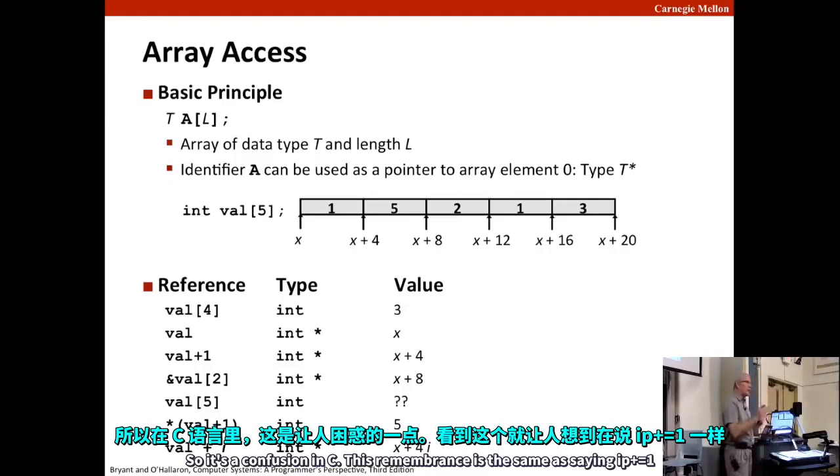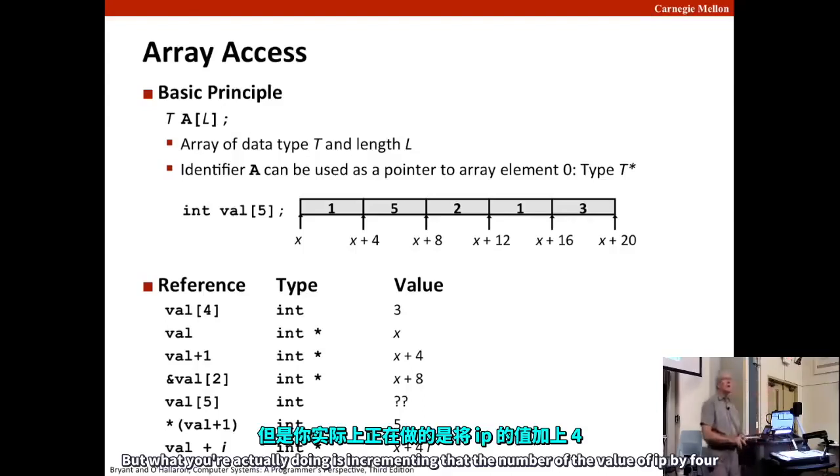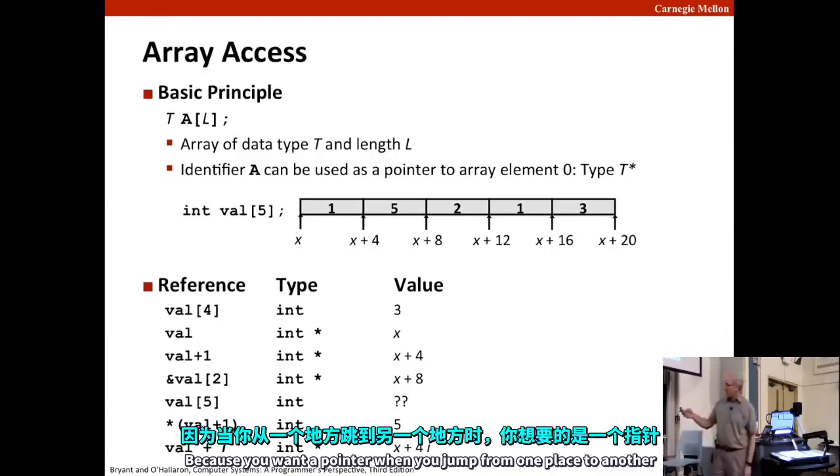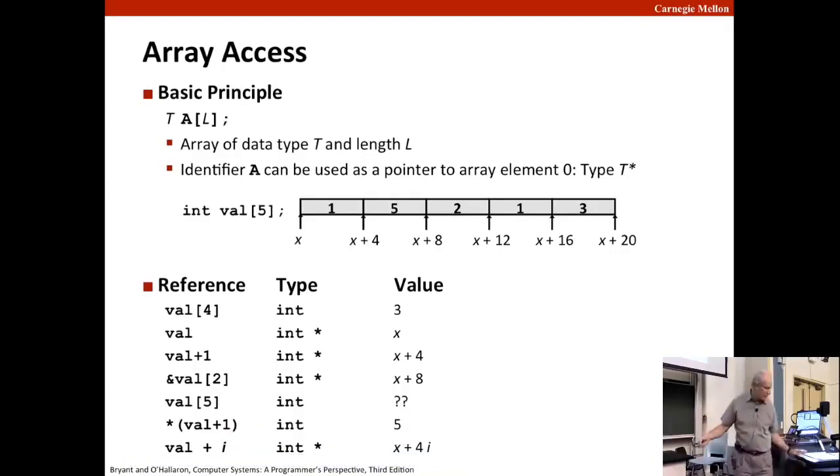So it's a confusion. In C, this, remember, is the same as saying IP plus equals 1. But what you're actually doing is incrementing the value of p by 4, because when you jump from one place to another, you want the pointer to increment by enough bytes to point to the next integer, in this case, for IP.